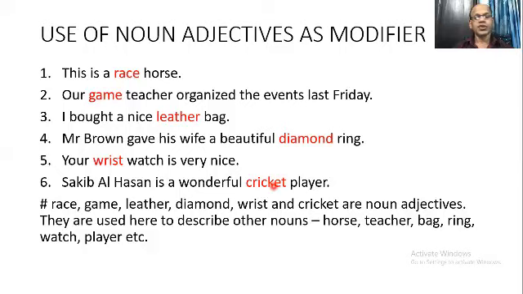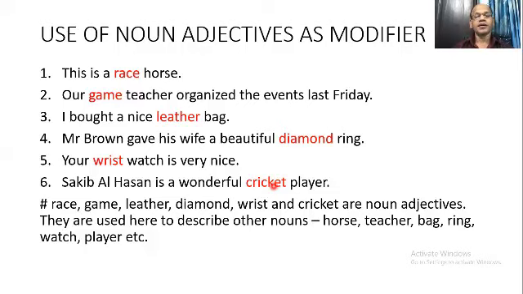They are used here to describe other nouns: horse, t-shirt, bag, ring, watch, player. So double noun are used here in the sentences. The first noun is called adjective. So we call it noun adjectives.